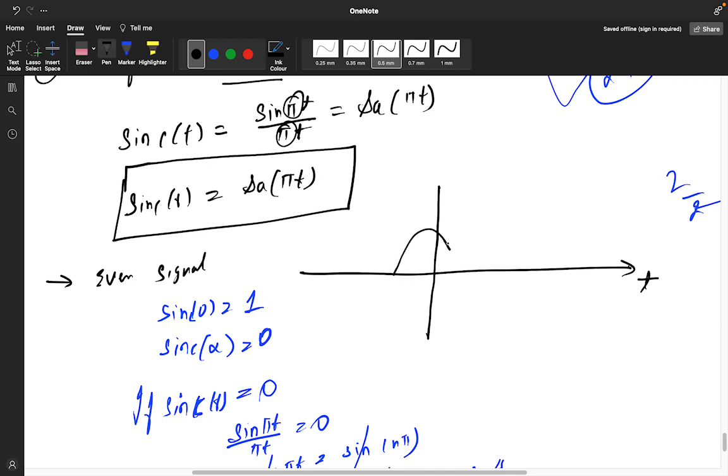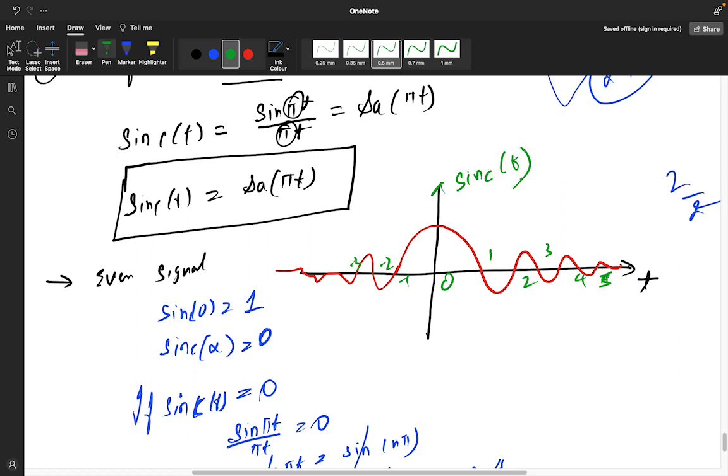The curve will look like this, with values 0, 1, 2, 3, 4, 5 and minus 1, minus 2, minus 3. This is sinc t against t.